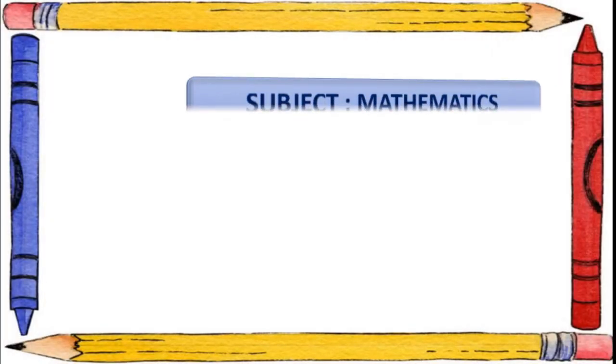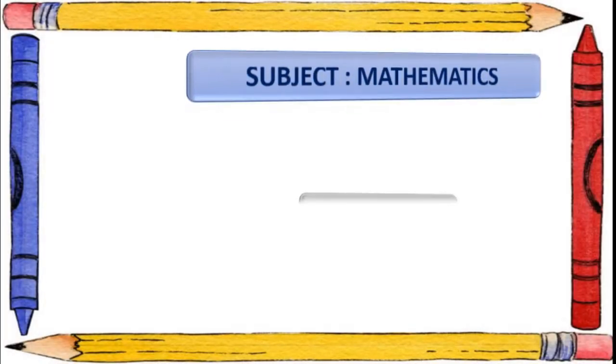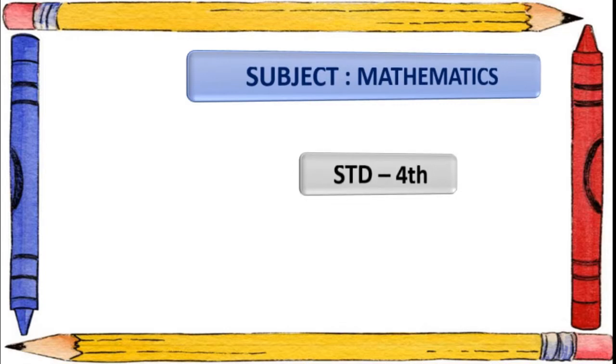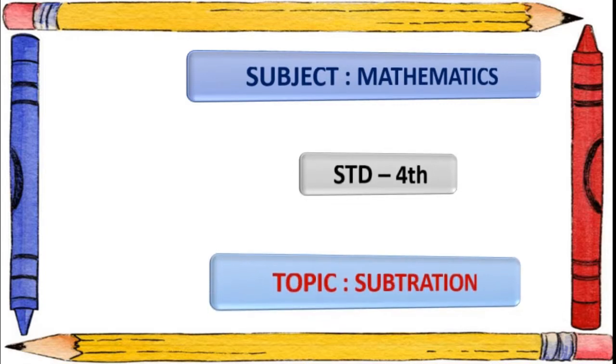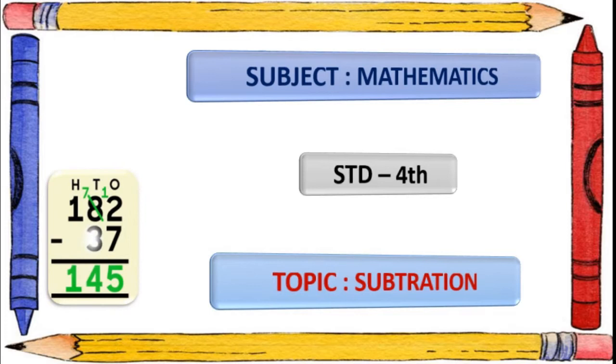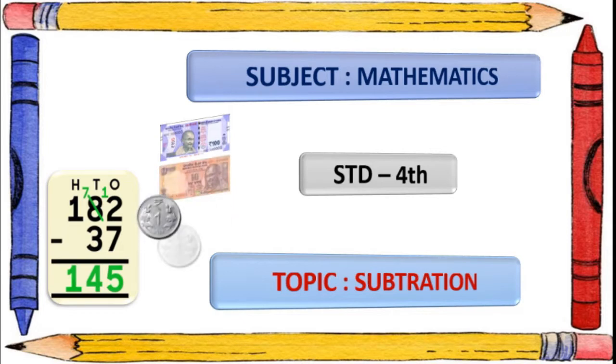Subject is Mathematics, Standard 4th, and the topic name is Subtractions. Students, in the last lecture, we have learned about the subtraction of 3-digit numbers with borrowing and without borrowing. Isn't it?